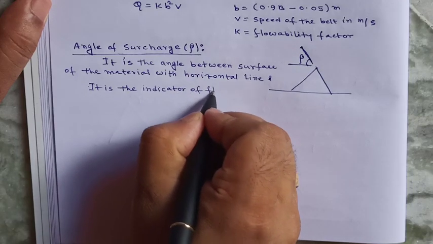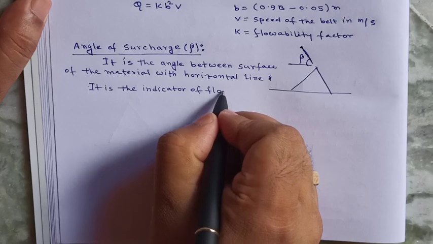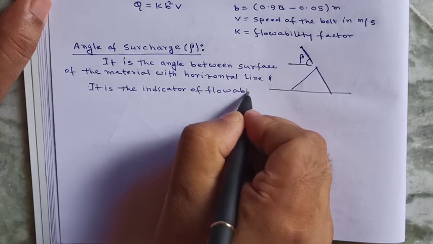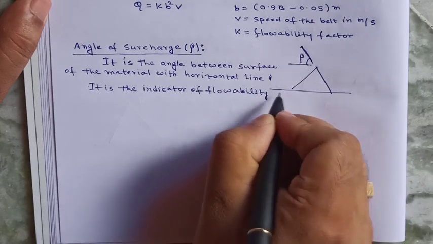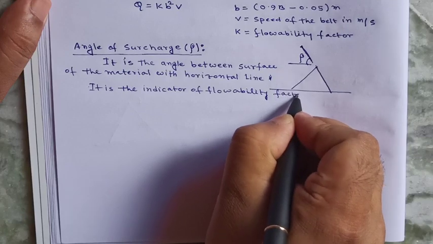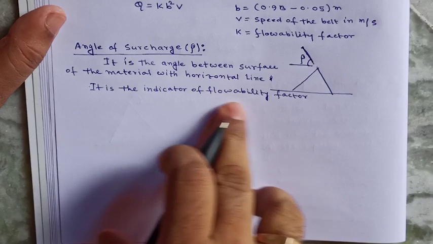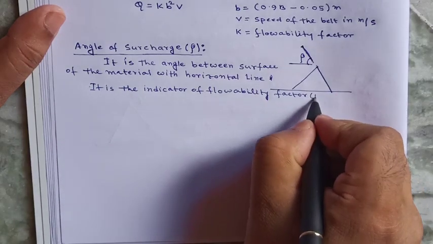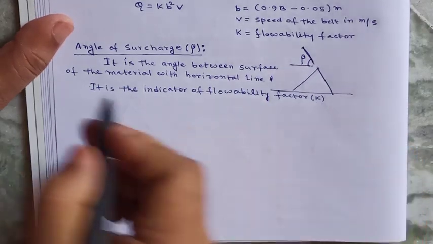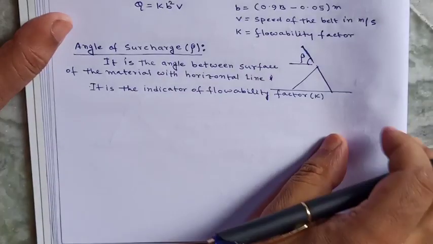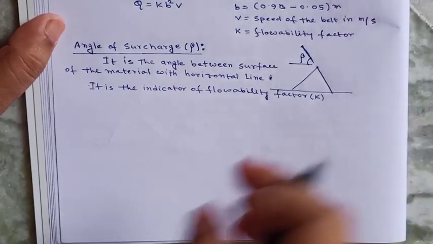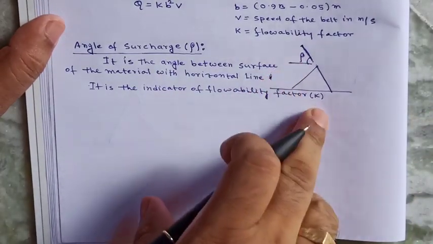So this flowability factor, which is denoted by K, is a function of the angle of surcharge. According to this beta, this K will vary.